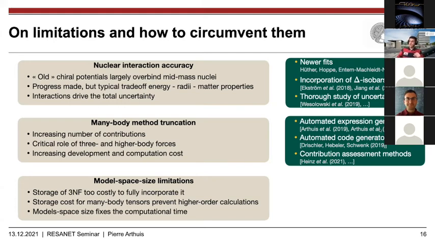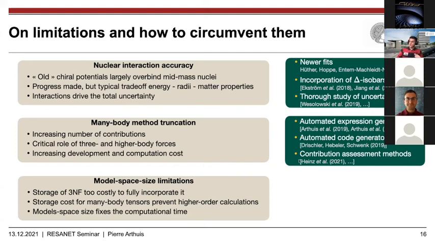Other people, namely Christian Drischler, have already developed systems with which you automatically generate your code. So you give this specific code the expressions that you have to implement, and it spits out, for example, the C++ code that you need for your calculation.